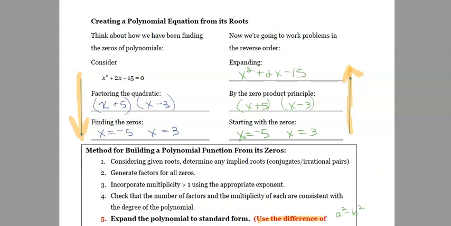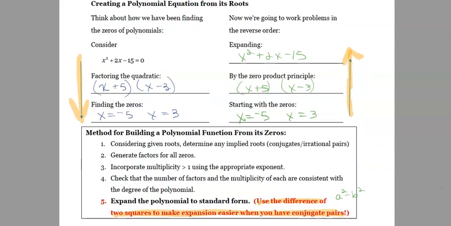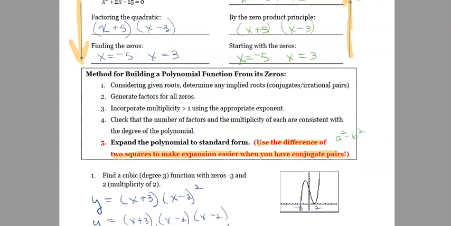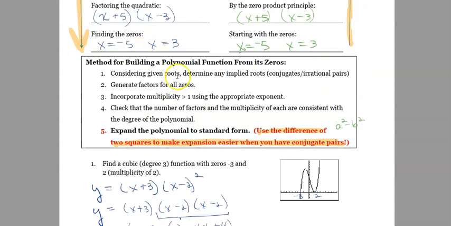Okay, so let's see what this box says. Considering given roots, determine any implied roots. Okay, so these are all the things that you're going to be considering. So you're going to consider the given roots. You can generate all your factors for the zeros. Don't forget, you're going to incorporate multiplicities of greater than 1 when appropriate.